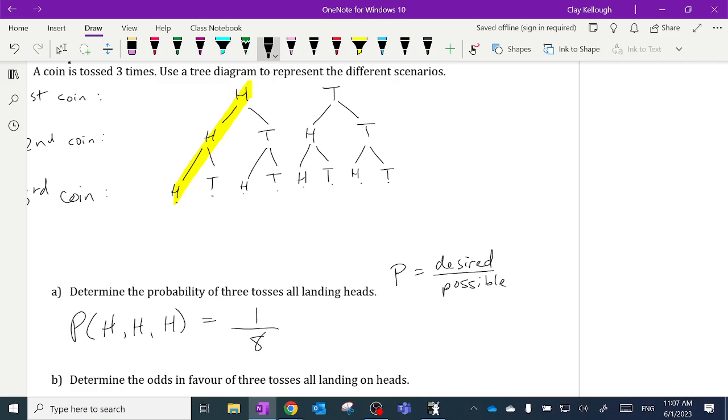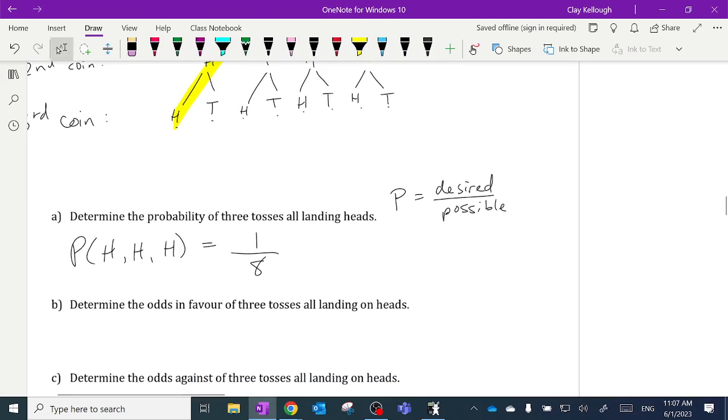What is the odds in favor of 3 tosses all landing heads? One of the ways had all heads, 1, and then 1, 2, 3, 4, 5, 6, 7 of the outcomes was not all heads.